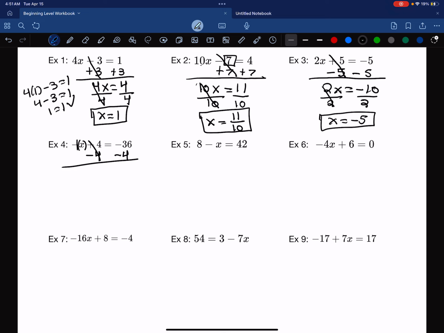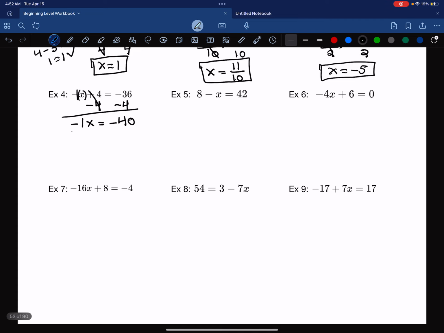So these 4's cancel, and you're left with negative 1x equals negative 36 minus 4, which is negative 40. And then to get the x all on its own, because we still have this x being multiplied by this negative, we're going to divide by negative 1. So these negatives cancel, and we're just left with x. And then negative 40 divided by negative 1 becomes a positive 40, because a negative divided by a negative is a positive.